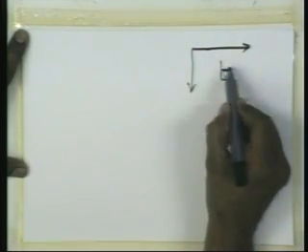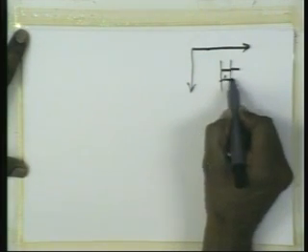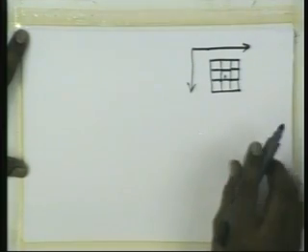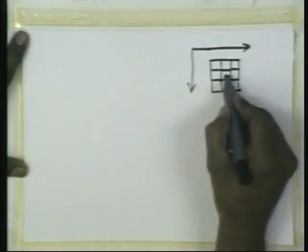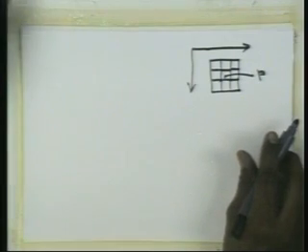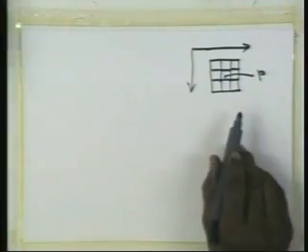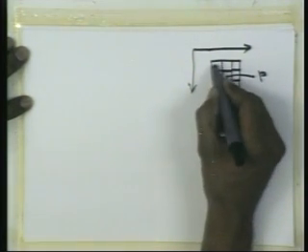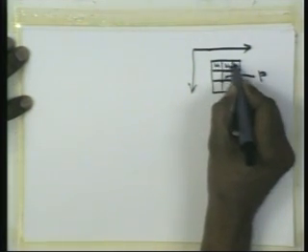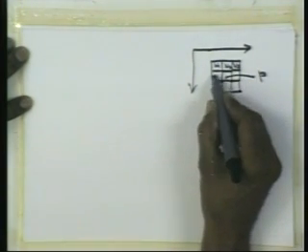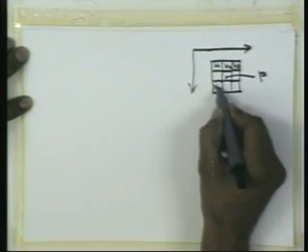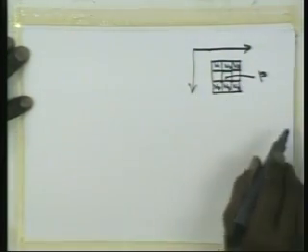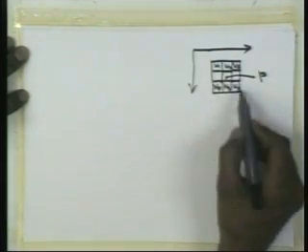Supposing I take a 3 by 3 neighborhood, then I have pixels left, right, top, bottom of it, and I have 8 neighboring pixels for the pixel of interest P. If I assign some weightages, W1, W2, W3, and so on up to W9, I have assigned some weights to each of these cells.